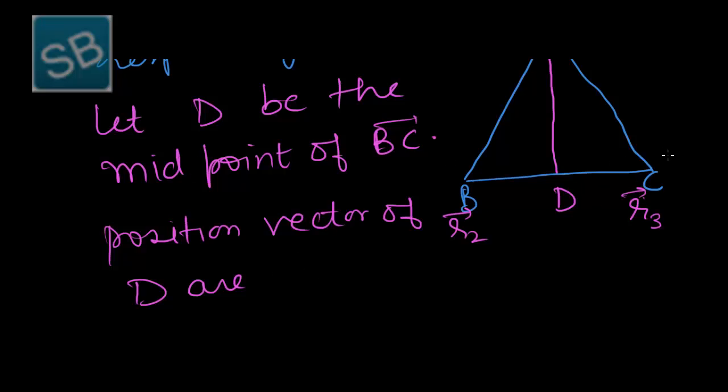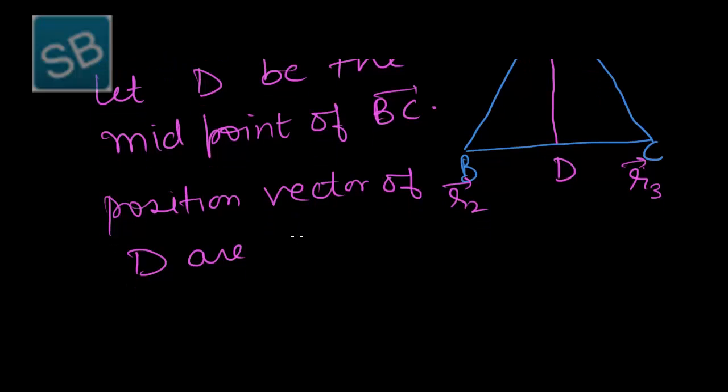By taking the sum of these two position vectors, r2 plus r3 over 2, this is the rule to get the coordinates of a midpoint.